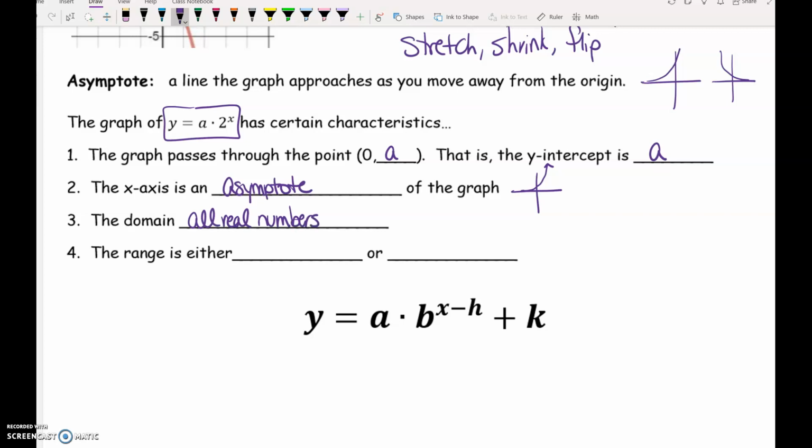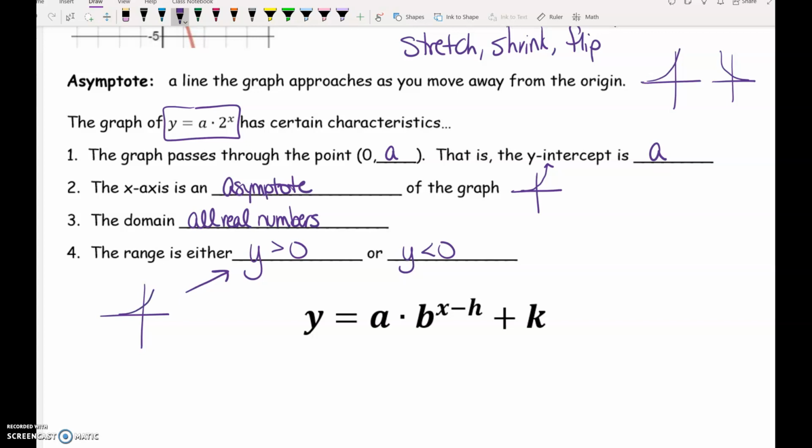And the range is either y is greater than 0 or y is less than 0. It is y is greater than 0 when the graph points upward. So let's see, I'm going to draw a little picture.